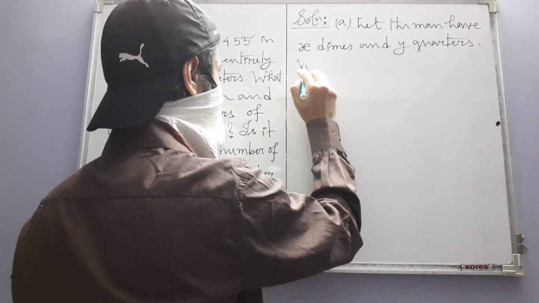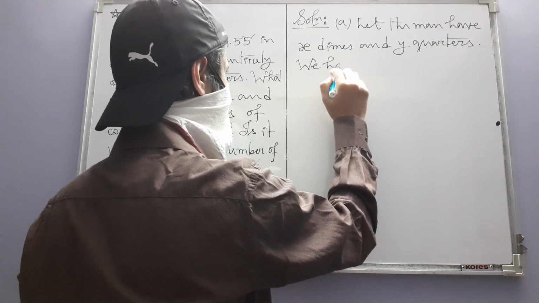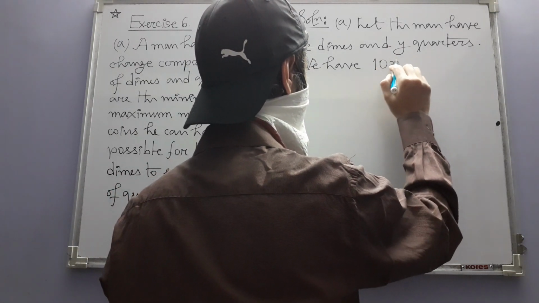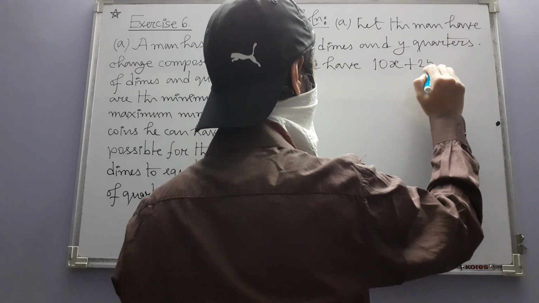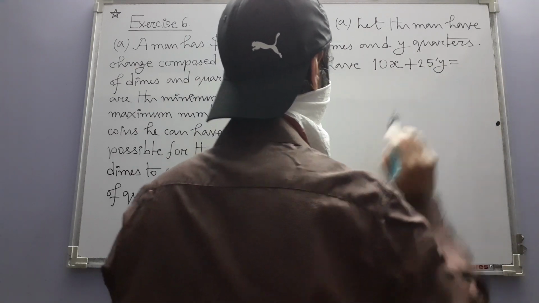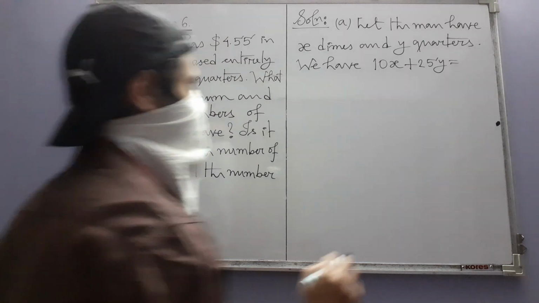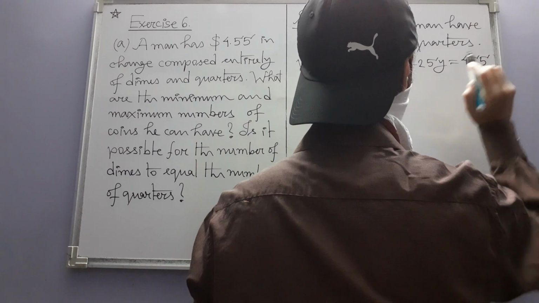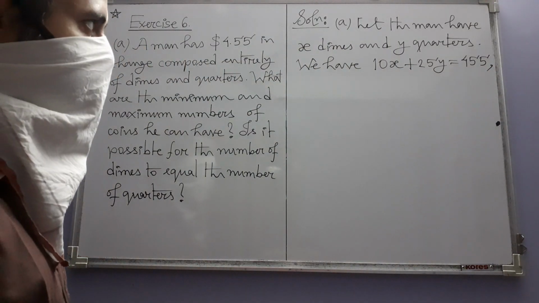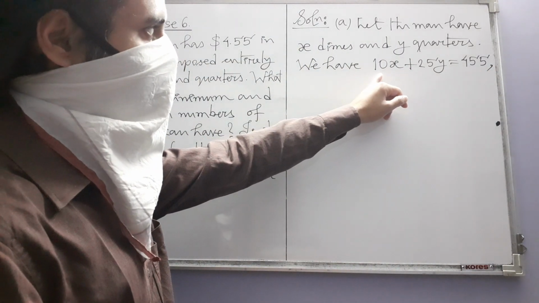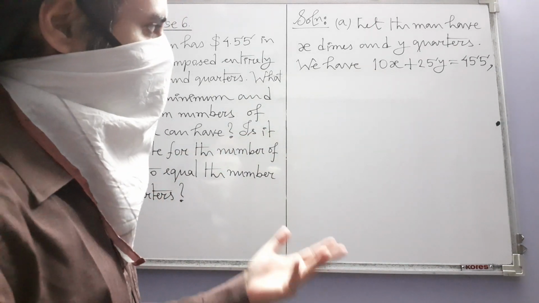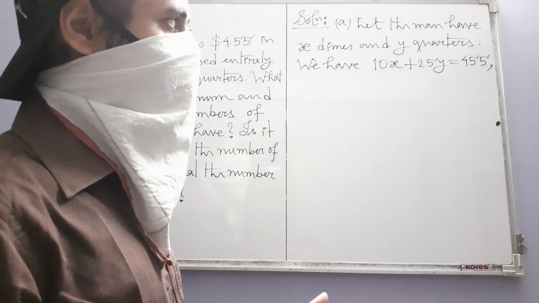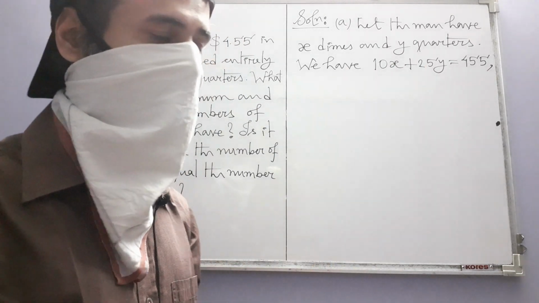So, we have this Diophantine equation: 10x plus 25y equal to 455. Because the man will have 10x cents coming from the x number of dimes and 25y cents coming from the y quarters.